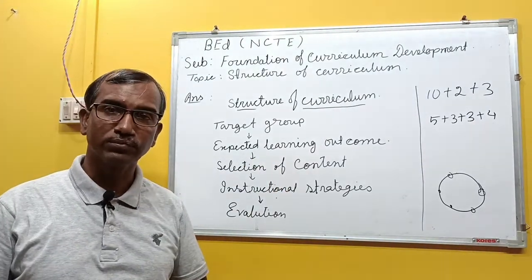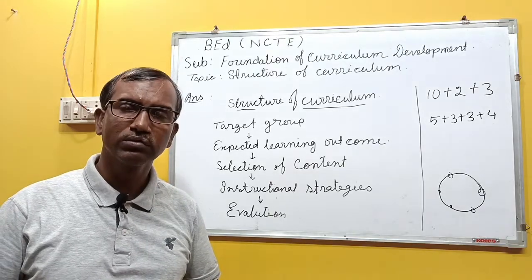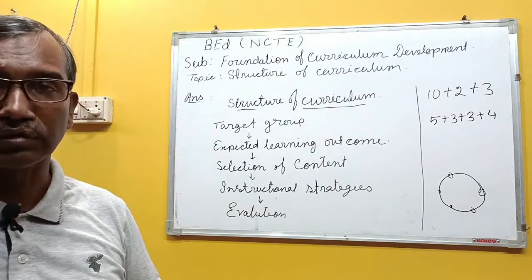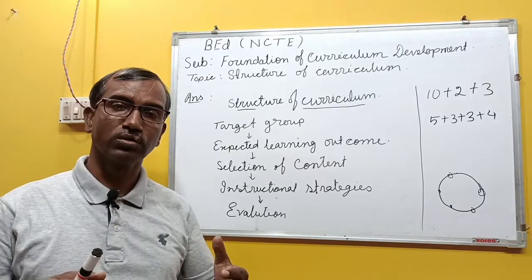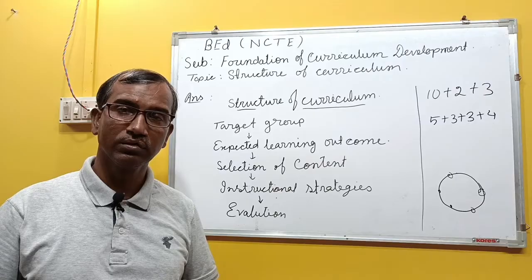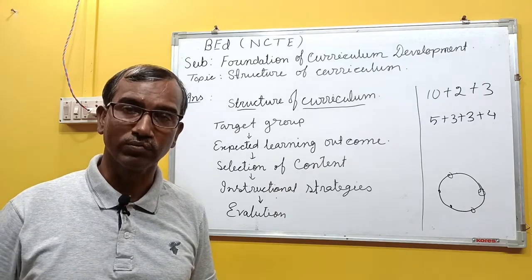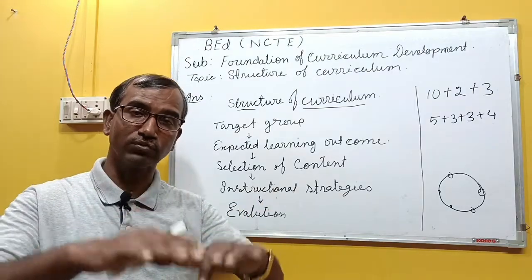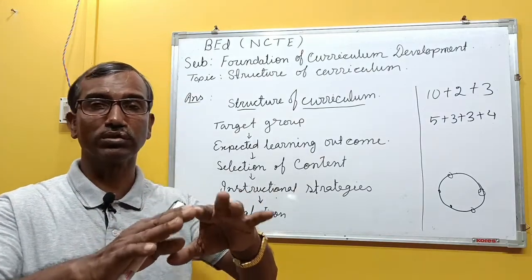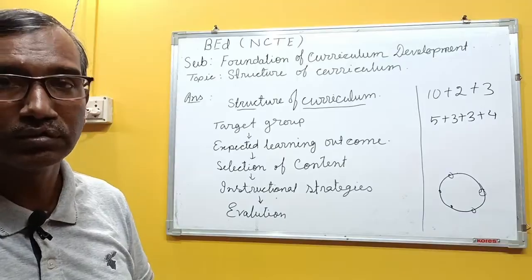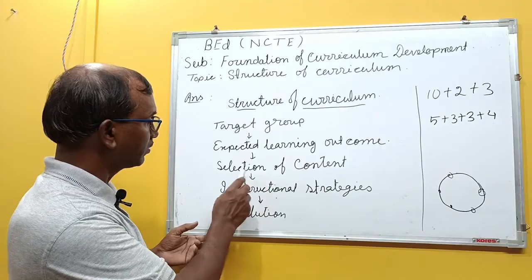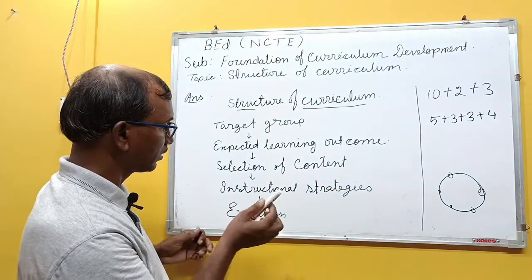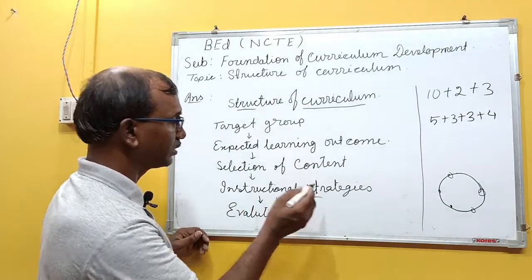That is why we want our students of class 9 and 10 to know very clearly about the utility of democracy. So the content about democracy, democratic government, types of government, all these contents are available in class 9. Then after the selection of the content, we must think about instructional strategy.